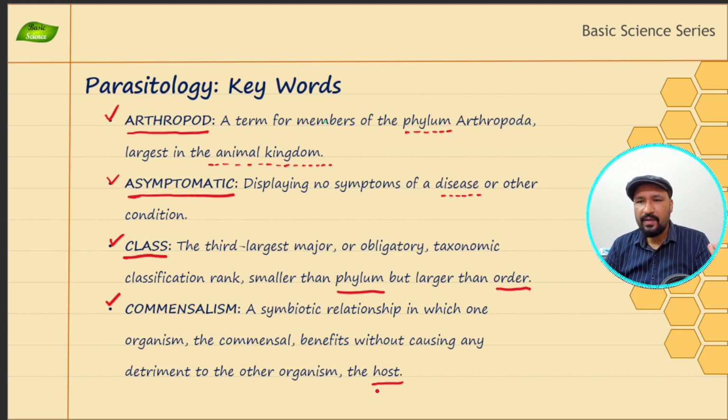When it comes to parasitology, various relationships will be studied, in which commensalism is also one of the important relationships. As you can see here, one organism is not causing any damage or harm to the other, so we can't categorize this as a parasitic relationship. Okay, move to the next one.